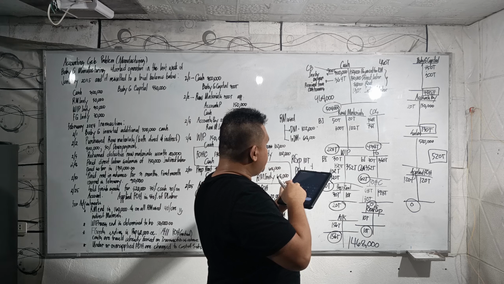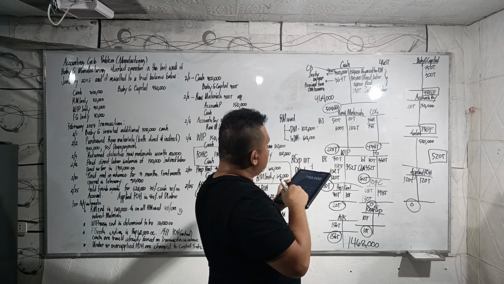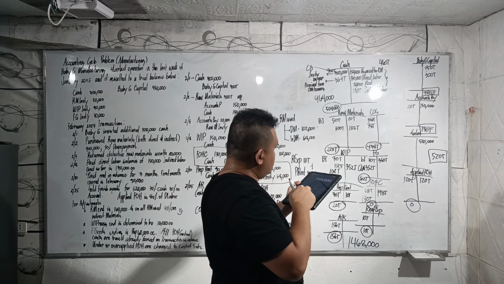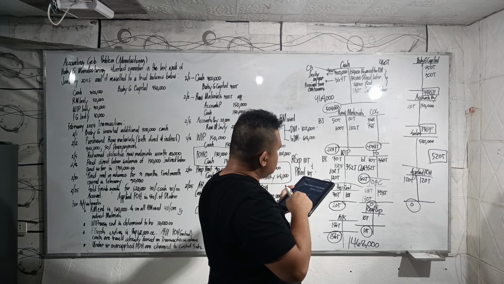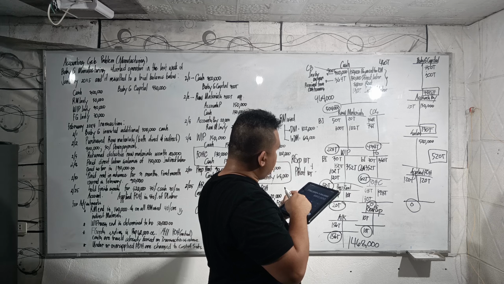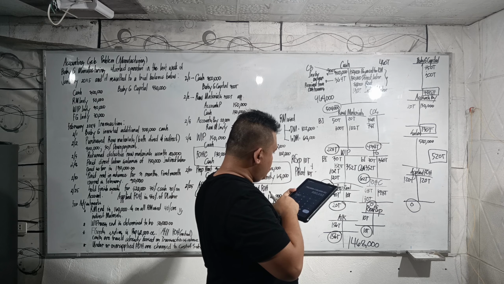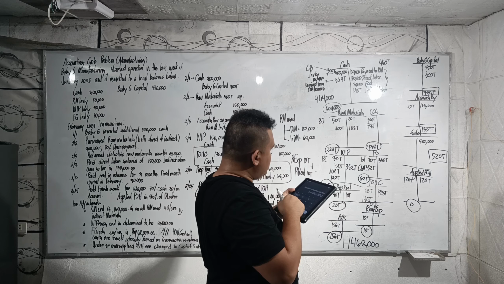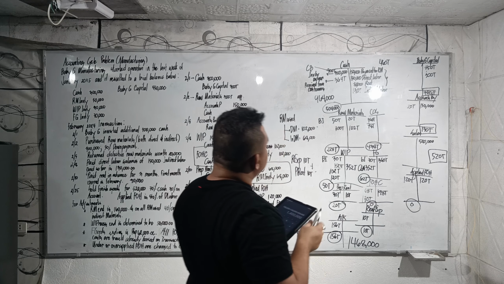So we have 750 plus 130 plus 520. Oh no, I guess there is a problem. Why is it like this?